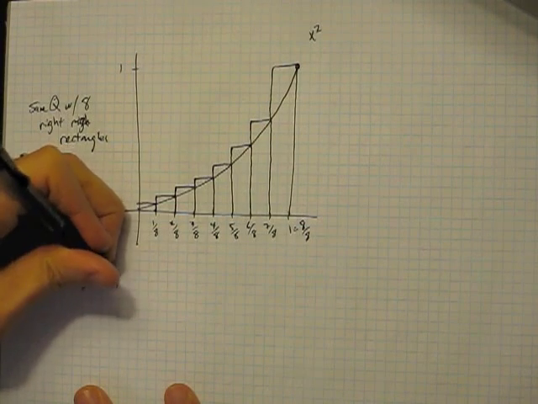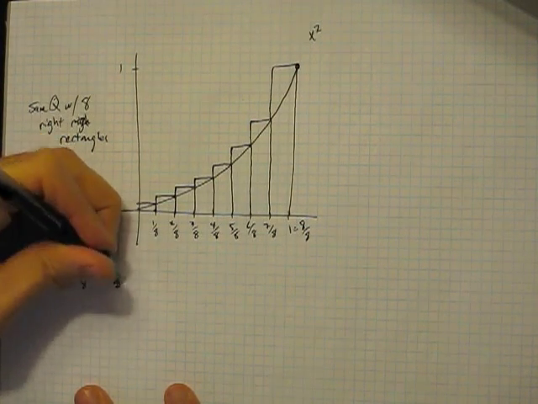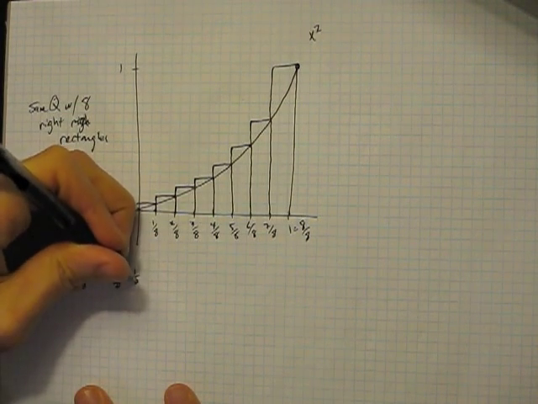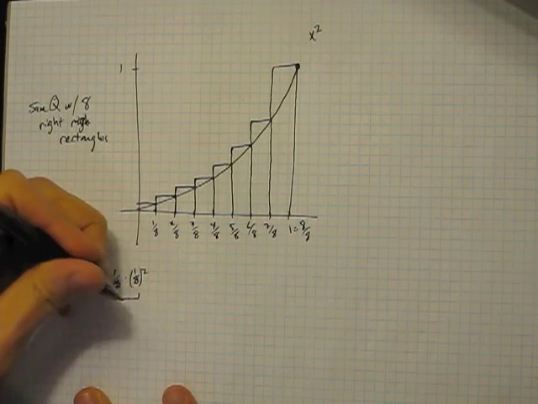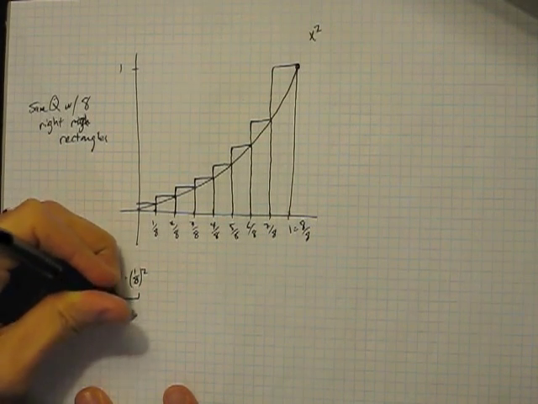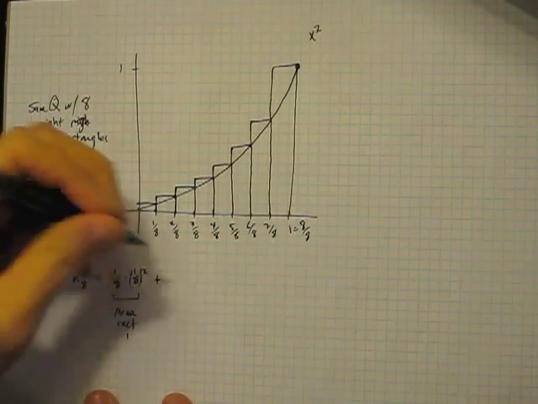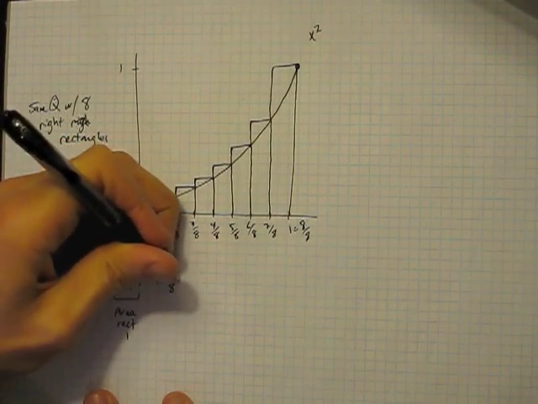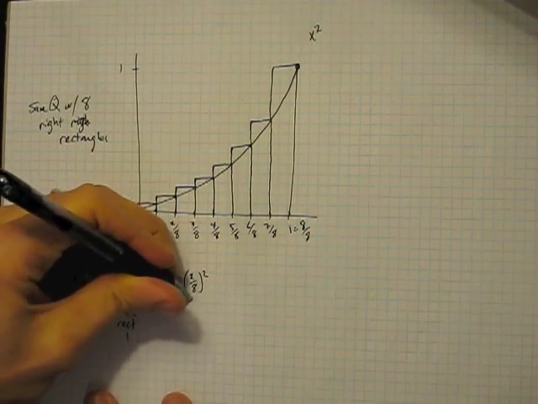It's going to be 1/8. That's the width of the rectangle, times, and then we get 1/8 squared. So this is area of rectangle 1, okay, plus, and then we have 1/8 times 2/8 squared. This is area of rectangle 2.